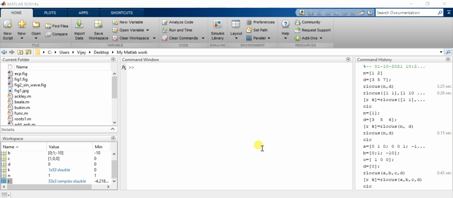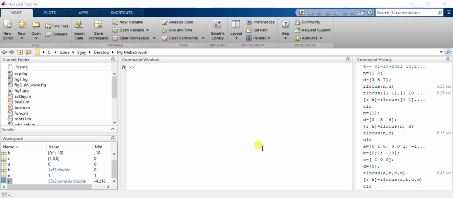So for plotting a Bode diagram, there is a function in MATLAB, that is bode, and you can find the Bode plot of any function. So let's try to solve some examples. Then you can simply get the Bode plot of any transfer function.